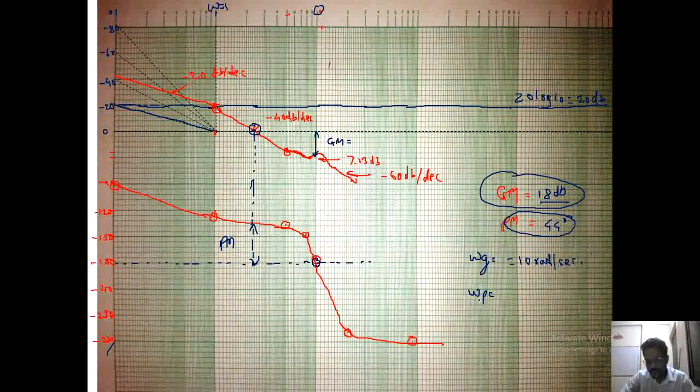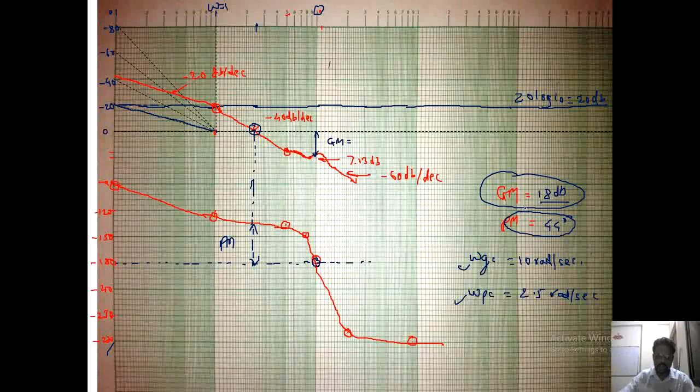Omega PC is the frequency at the phase margin, somewhat here. This is omega equal to 1, 2, and 3, so between 2 and 3, about 2.5 radian per second. So this is all about the Bode plot.